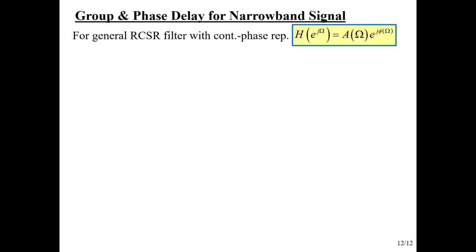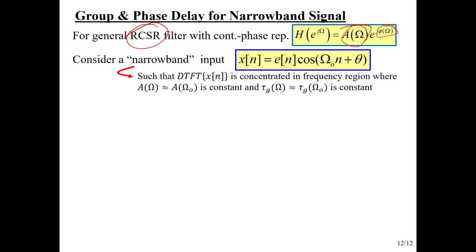So let's look at a so-called narrowband signal, similar to what we just saw in our example for group delay. For a general filter, it doesn't necessarily have to be linear phase or generalized linear phase, just whatever it is. So it has its amplitude form and its continuous phase form.